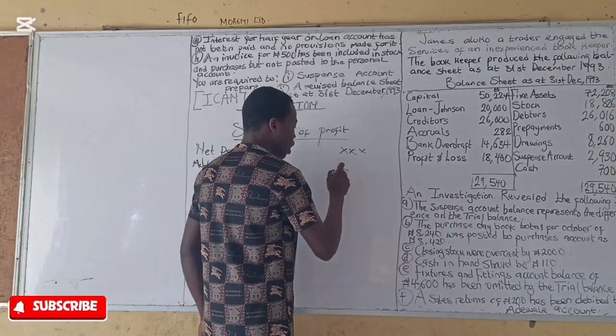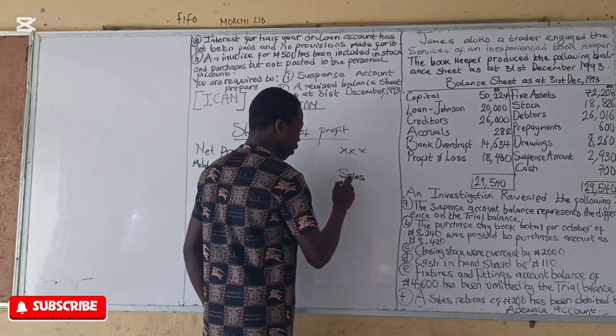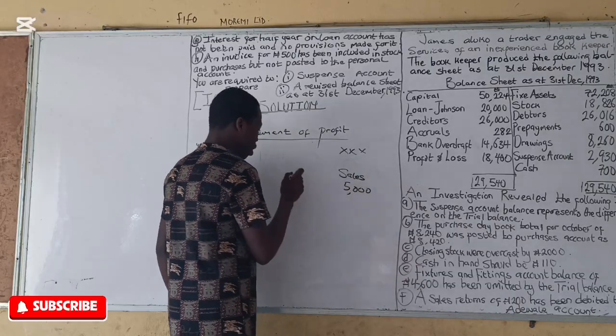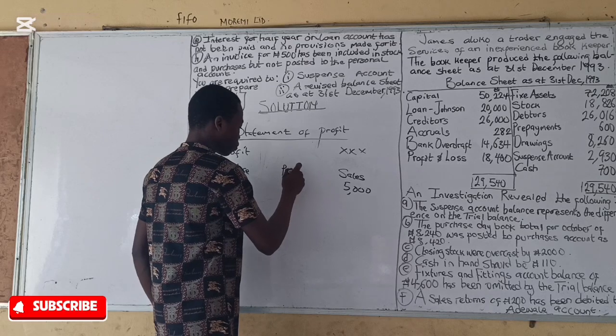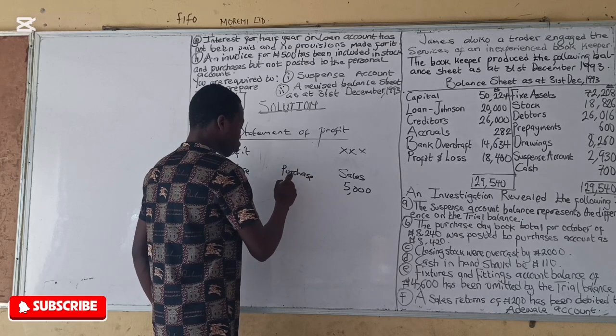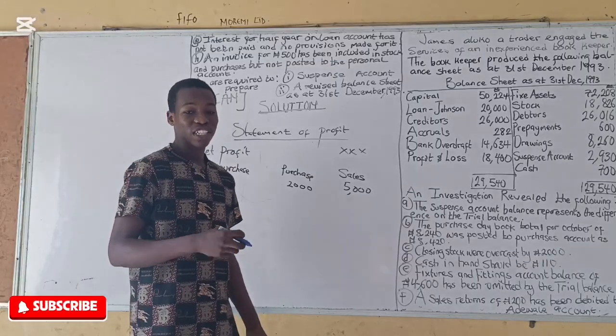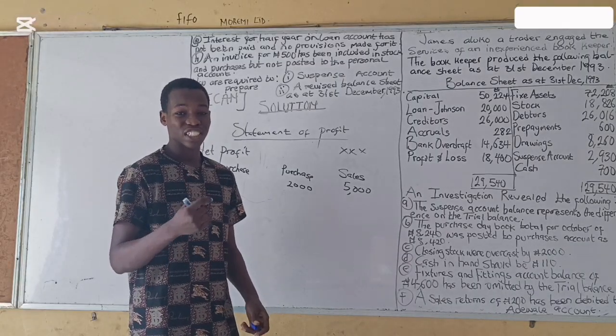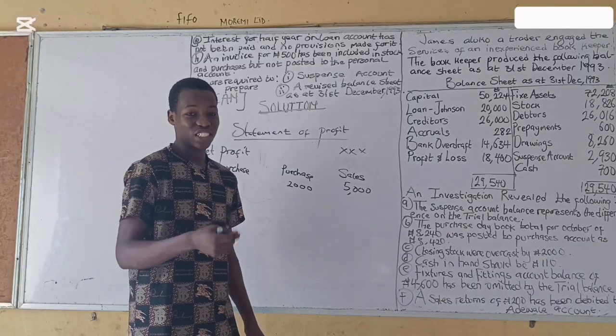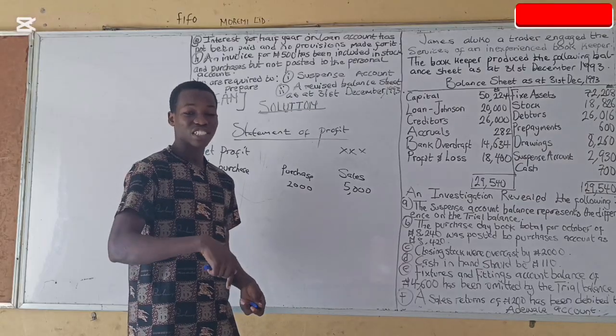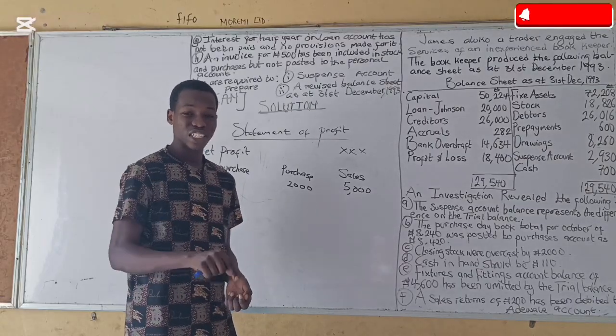If your sales is 5,000 naira and your purchase is 2,000 naira, don't forget that if your gross profit increases, your net profit will also increase. If your gross profit decreases, your net profit is also going to decrease.